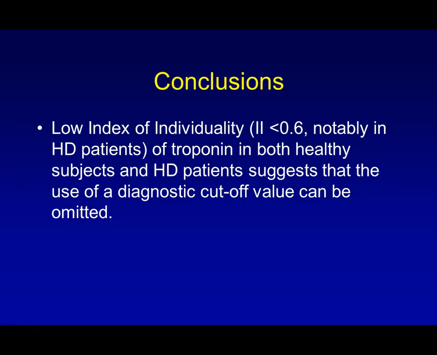This leads to the conclusion that the low index of individuality of troponin in both healthy subjects and dialysis patients suggests that the use of a diagnostic cutoff value can be omitted, and it's more sensible to monitor troponin for the diagnosis of myocardial infarction. And this is actually clinical practice.